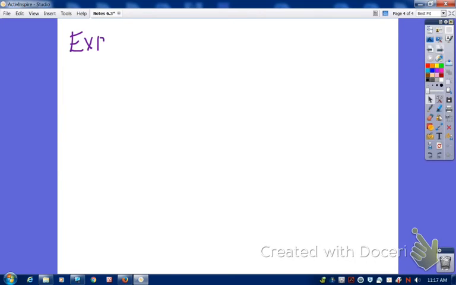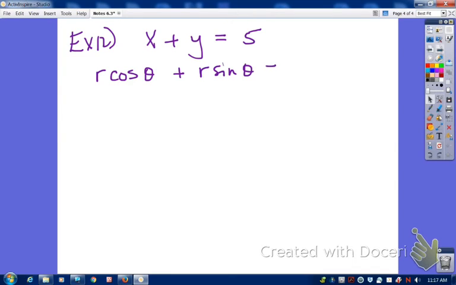So on example 12, they're going to give me an equation that has x's and y's in it. That's called rectangular form. In the place of the x, I'm going to substitute in r cosine theta. And in place of the y, I'm going to substitute in r sine of theta equals 5. And then the directions say express your equation in terms of r. That means solve for r.